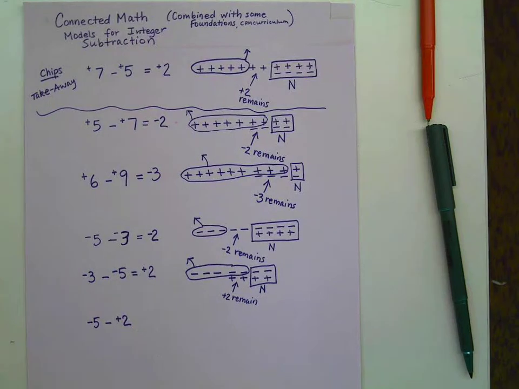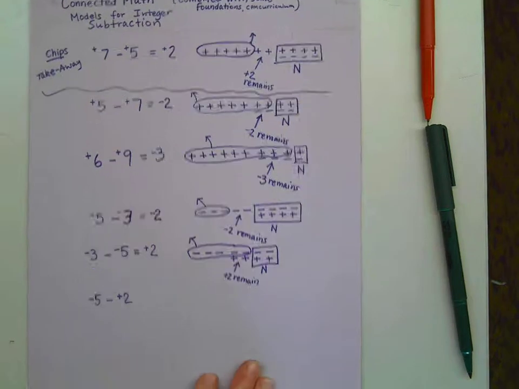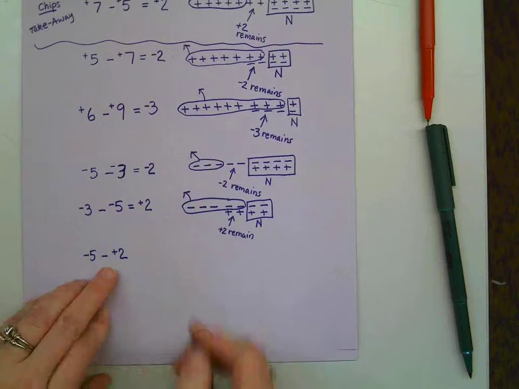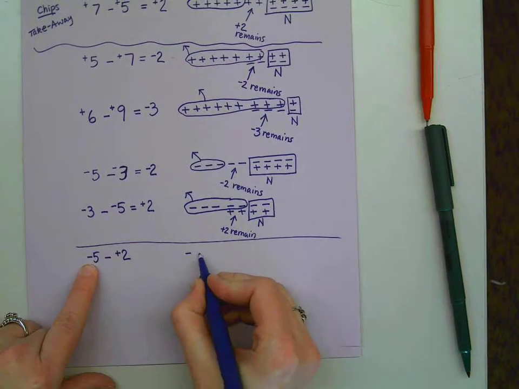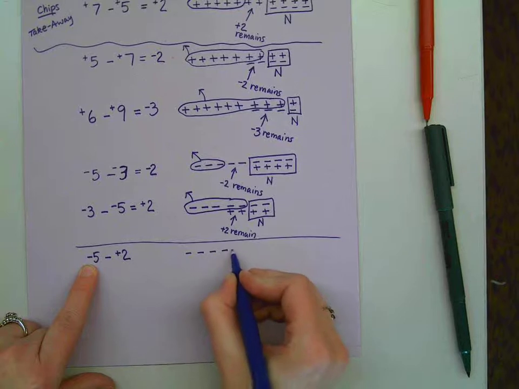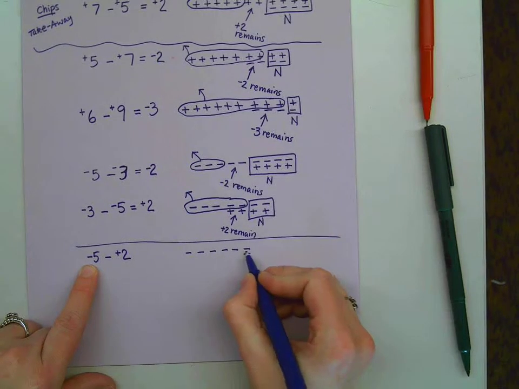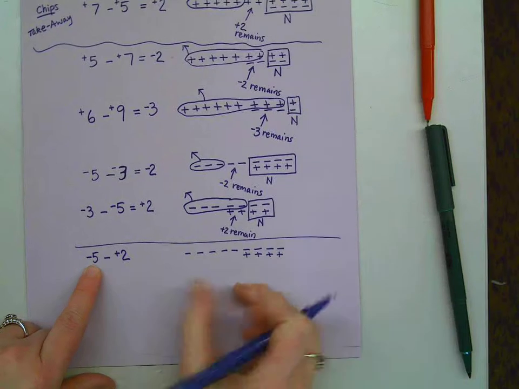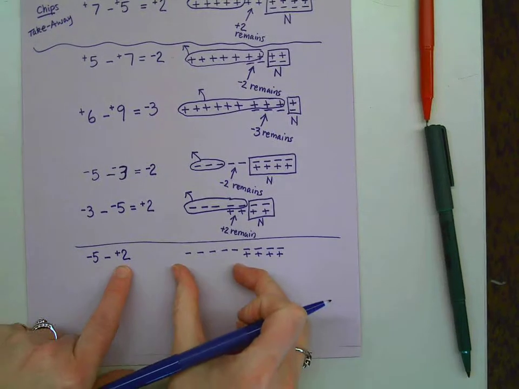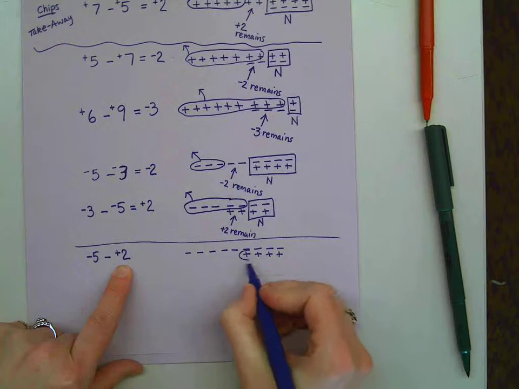Next kind of problem is when we're starting off with negative values and we take away positive values. So we're starting with a -5, add in some neutrals. From this collection of -5, I'm going to take away 2 positives.